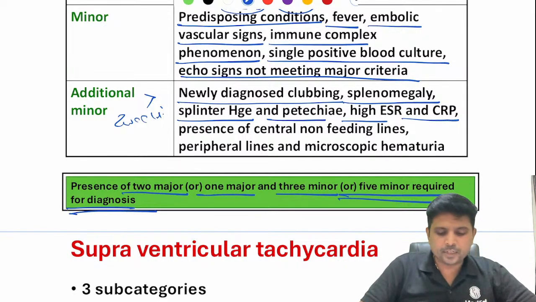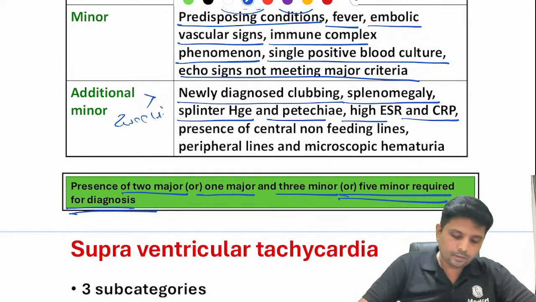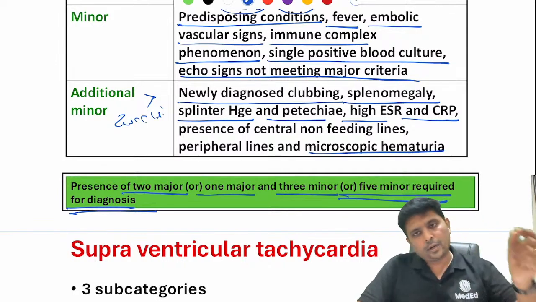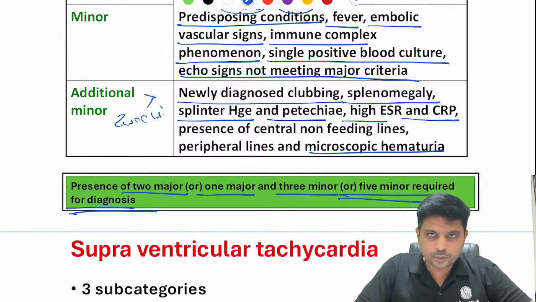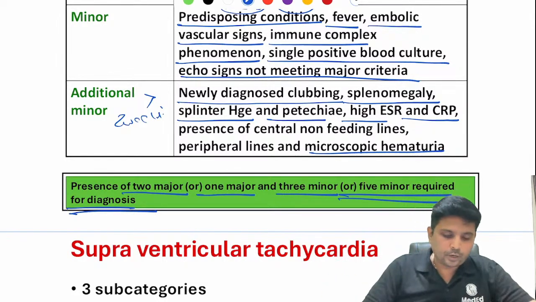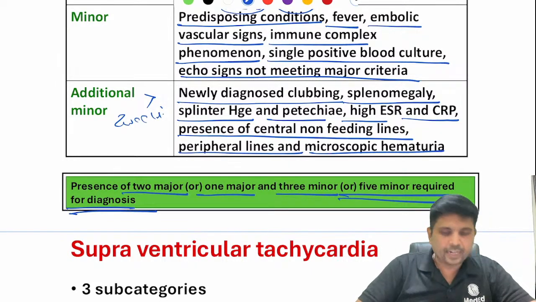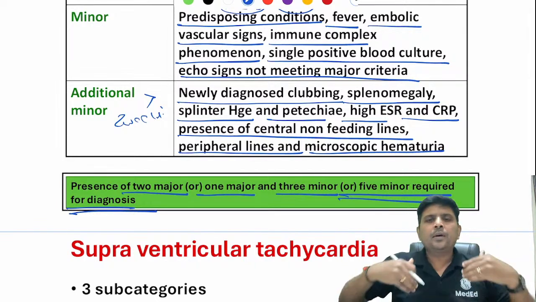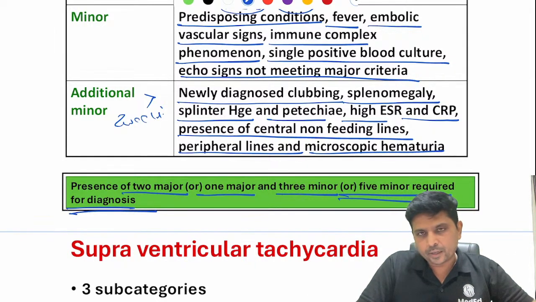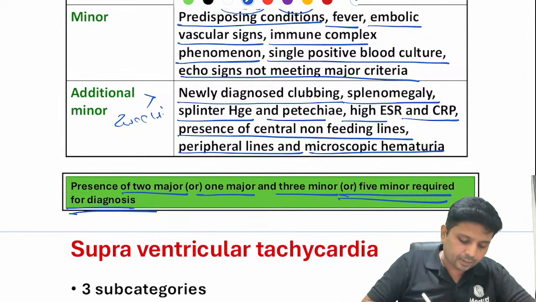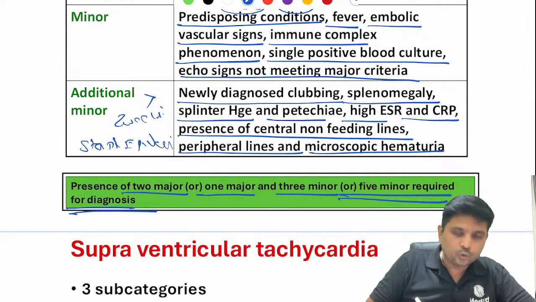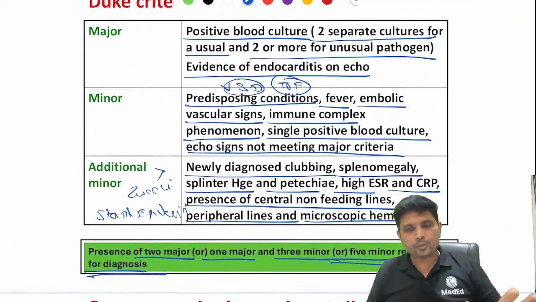Inflammatory markers will always be very high, and microscopic hematuria is also seen, due to embolic phenomena. Okay, right. So presence of central non-feeding lines. When you have some other lines to give IV antibiotics to the child, it acts as a risk factor, because Staph epidermidis can cause this through those infected lines. So this is about Duke's criteria.